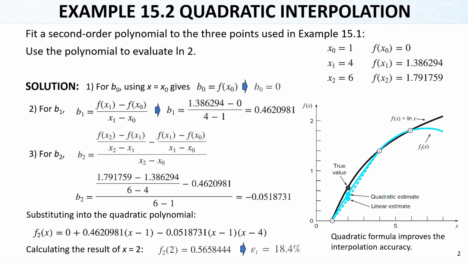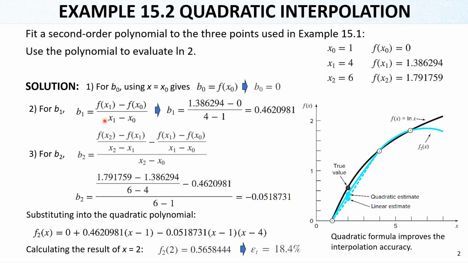In this slide, we have the same example that we solved in example 15.1, but now it's example 15.2, and we will apply quadratic interpolation instead of a linear interpolation. And in the formulation here, we will have 3 data, as you can see here, and we used these 2 already previously, but we want to add this into the interpolation to have the quadratic interpolation as well.